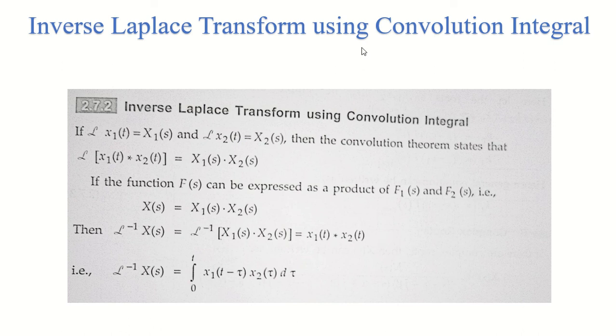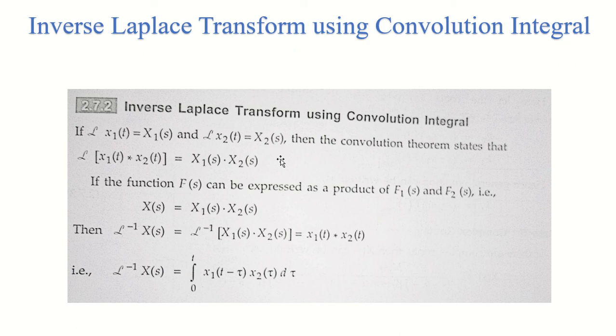If you take the convolution of both of them and then take the Laplace transform of it, see this formula, you are taking x1 of t convolved with x2 of t, and you are taking the Laplace of the whole term.